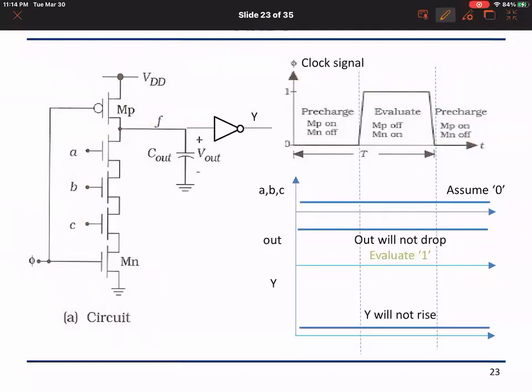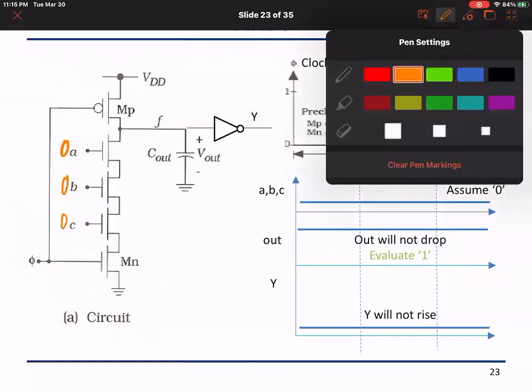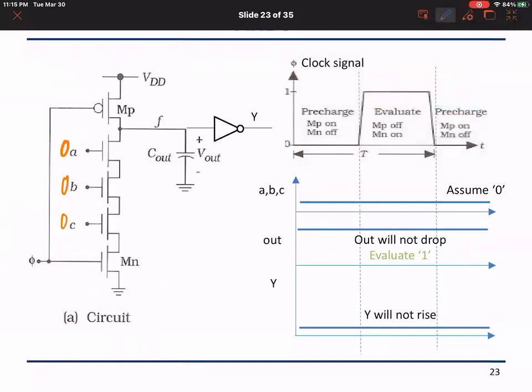Now, assuming, as another example, that the inputs are always 0. So let me assume that I always have primary inputs that are always 0. Then during pre-charge, this will be on, off, this will be pulled up, so the out, or node F, will be high, and Y will be 0.